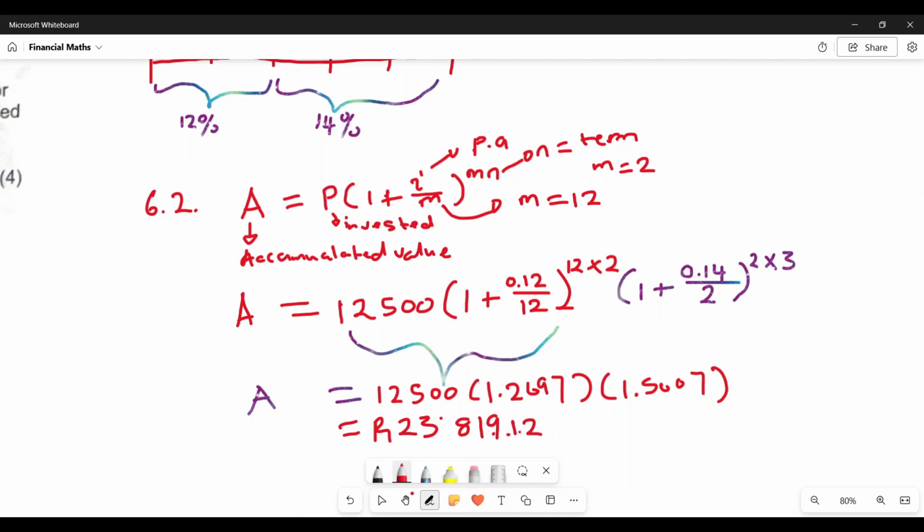If you got a slightly different answer due to your rounding, it should still be correct. But I've just used the whole thing that we wrote here and typed it into the calculator. I just like my answers to be accurate.